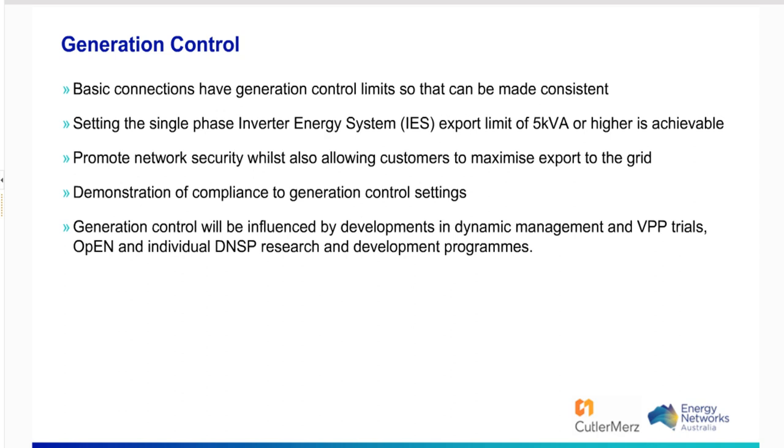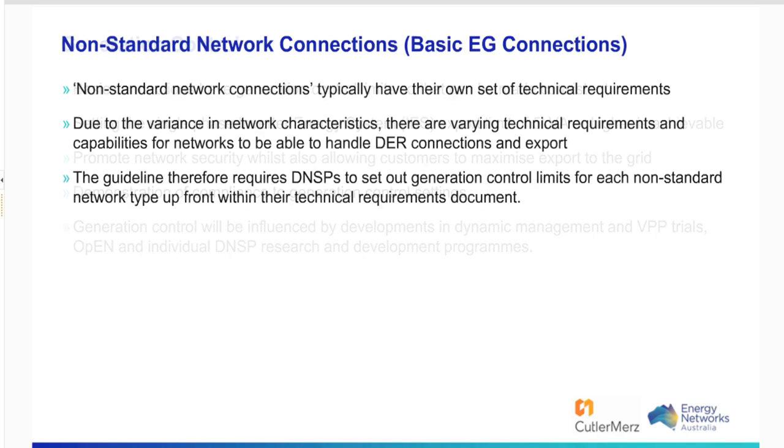When that does happen, there is a commitment on this stream of work from the ENA to be catching up rapidly to allow the connection guidelines to apply in a manner that supports dynamic management.